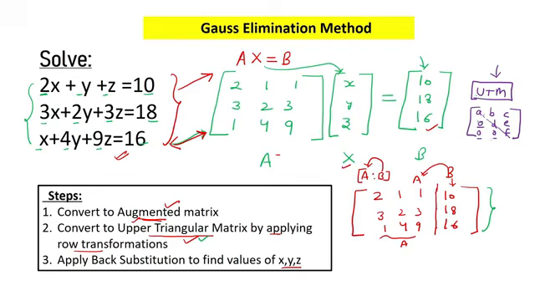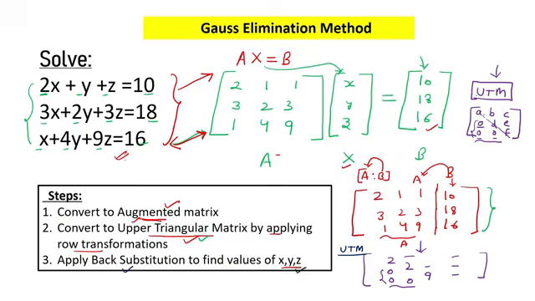You have to take care that all the elements below this primary diagonal should be zeros. That means we have to convert this augmented matrix so that all the elements below this 2, 2, 9 diagonal are zeros. These elements can be anything, but these three elements should be zeros. After we have changed our augmented matrix into the upper triangular matrix, we apply the back substitution method to find the values of x, y, and z.